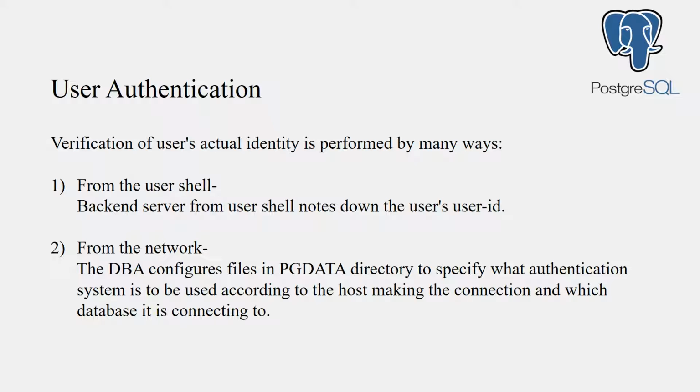From the network: if the Postgres system is built as distributed, access to the Internet TCP port of the postmaster process is available to anyone. The DBA configures the files in the single PG data directory to specify what authentication system is to be used according to the host making the connection and which database it is connecting to.